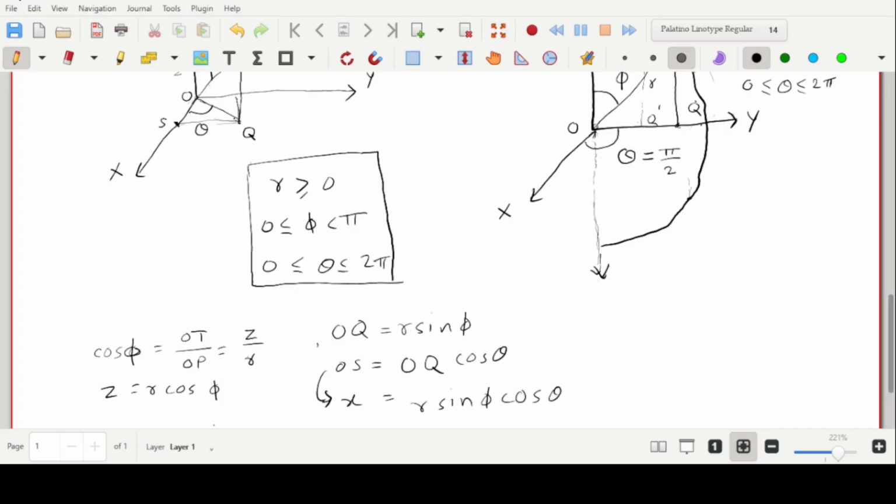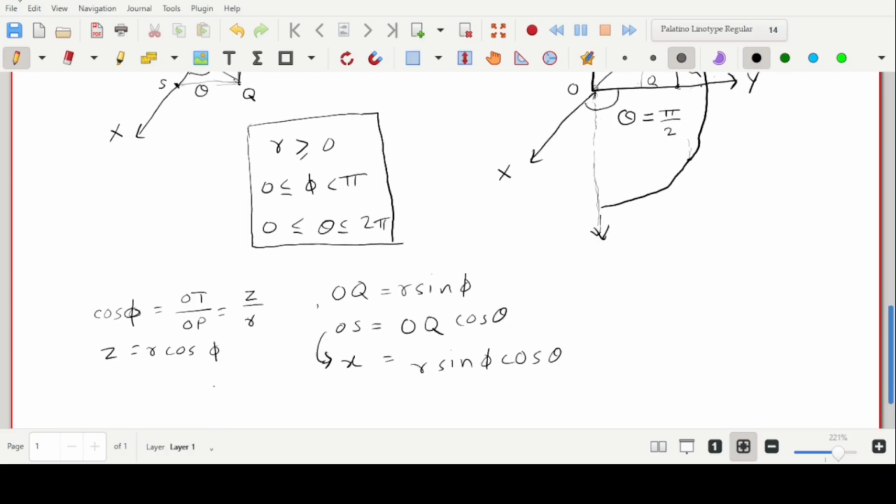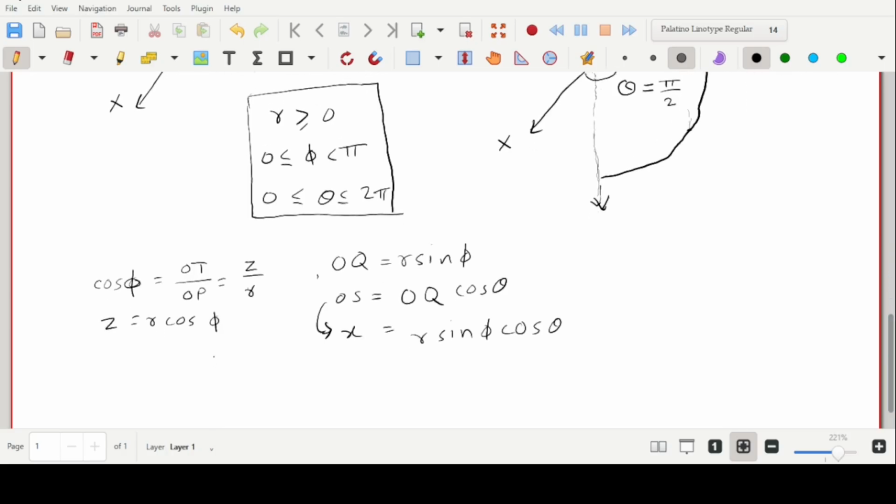Again, observe that we succeeded in expressing x in terms of r, phi and theta, and y is OQ sine theta, which is equal to r sine phi sine theta. So our job is done.